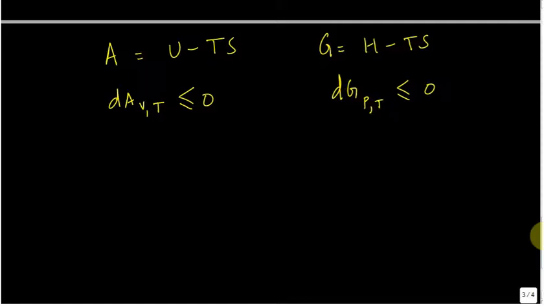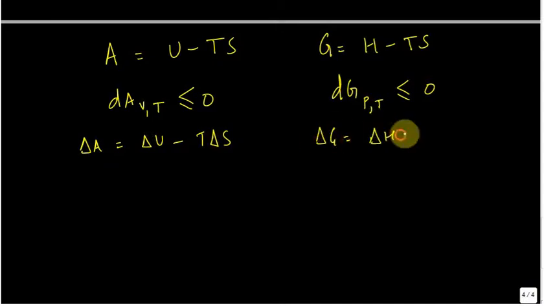So again, what is happening over here is, let me write this, delta A is equal to delta U minus T delta S. This is what you will get finally, because you are at constant temperature, so S delta T would not be there. Delta G is equal to delta H minus T delta S. Now what exactly do these things mean?